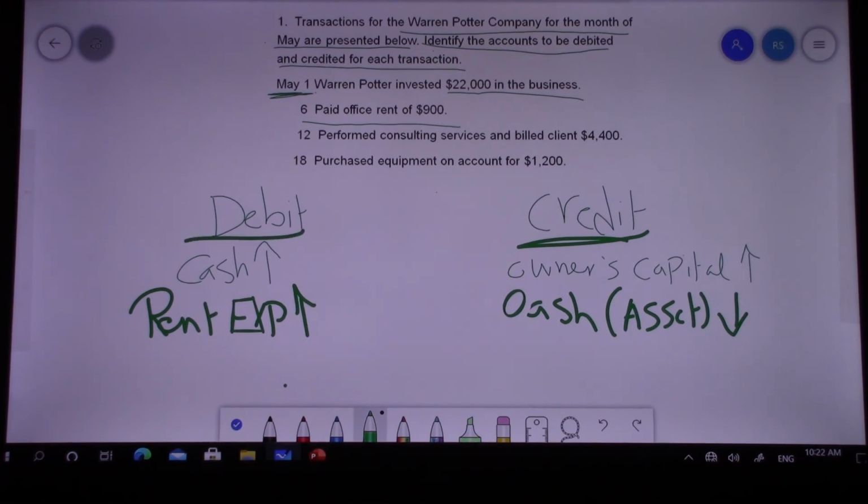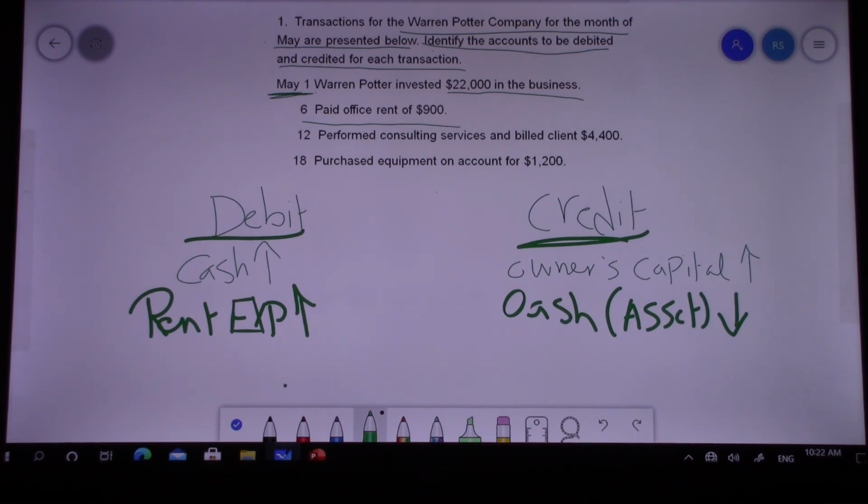On May 12, Porter performed consulting services and billed the client $4,000. So we performed a service and we sent the bill, the invoice, to the client for $4,000. So we now have service revenue. We will recognize revenue because we performed a service.